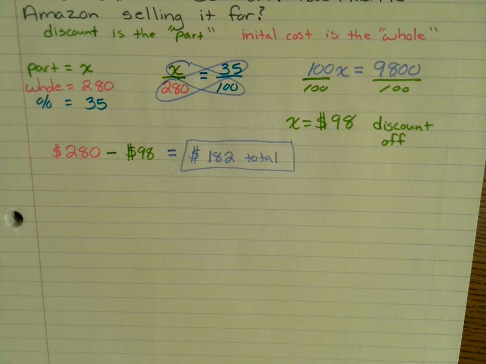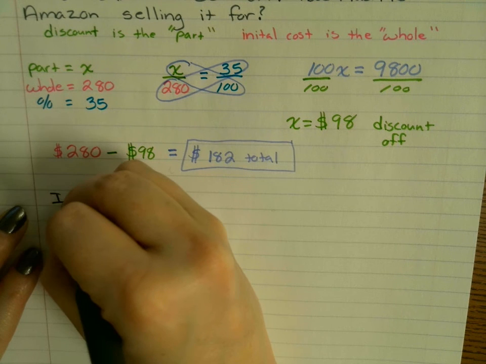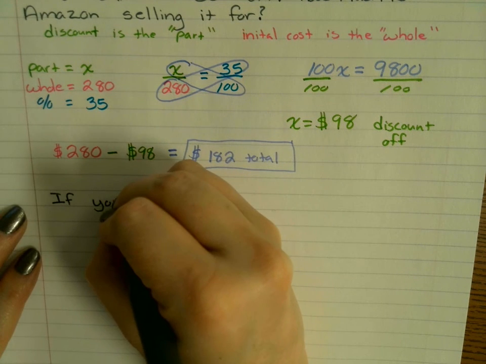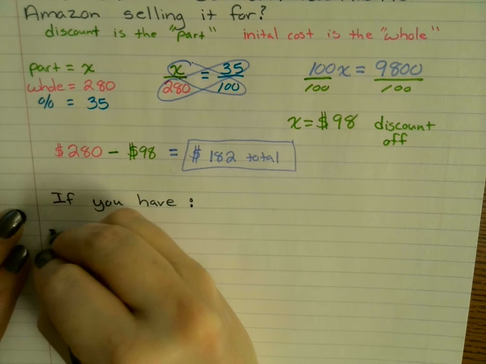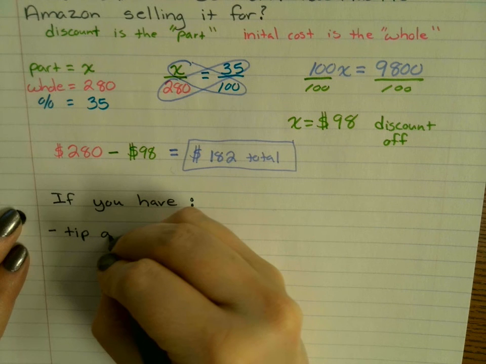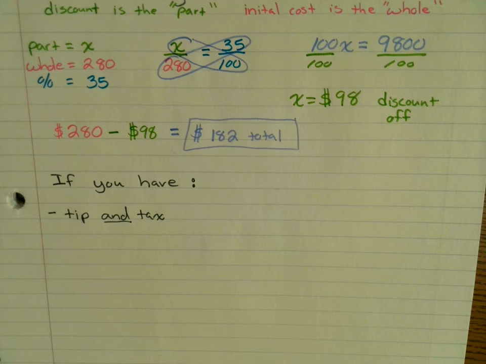Now, it's important that you know sometimes you might have more than one percentage value happening. So if you happen to have a problem that has tip and tax, because when you go to a restaurant, you order food, you order your drinks, you pay taxes on the food and the drinks, and then you can tip.